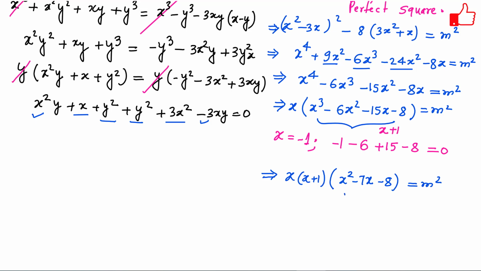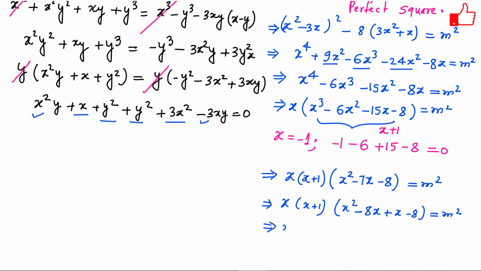Now let us factorize this term also. You need two numbers whose difference is 7 but product is 8. So you can basically have minus 8x and plus x. So this is x(x + 1) multiplied by (x² − 8x + x − 8), this is equal to m².